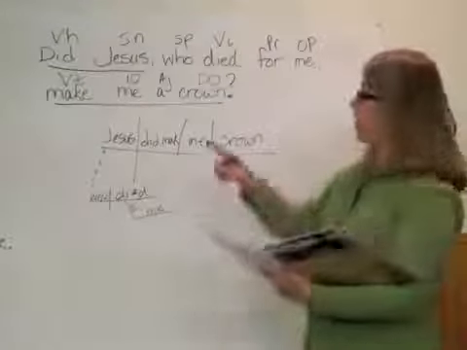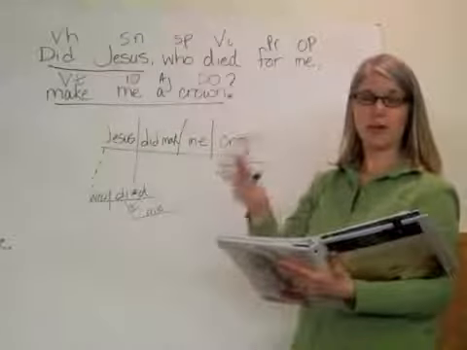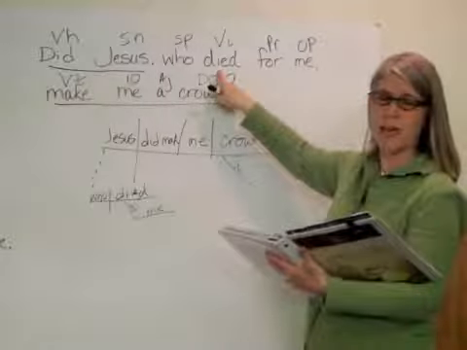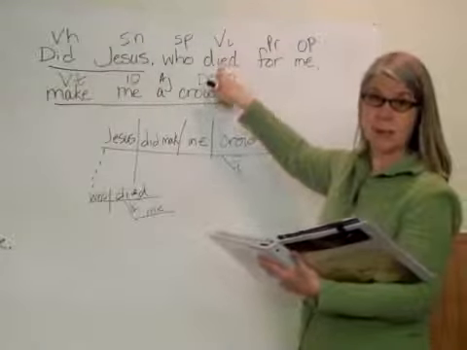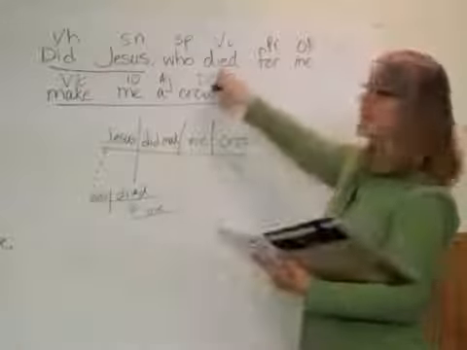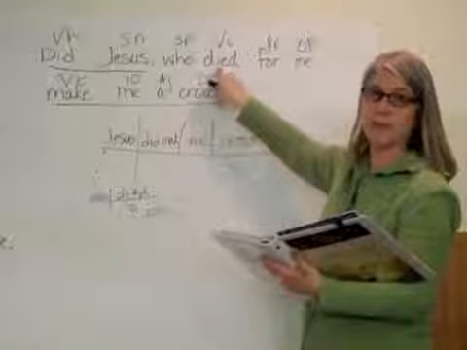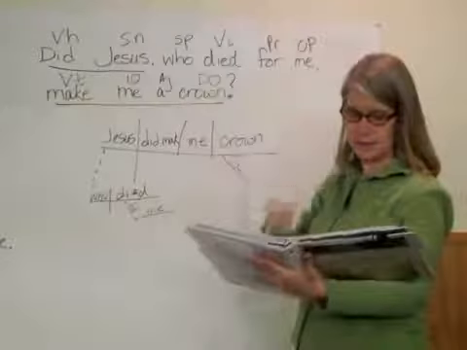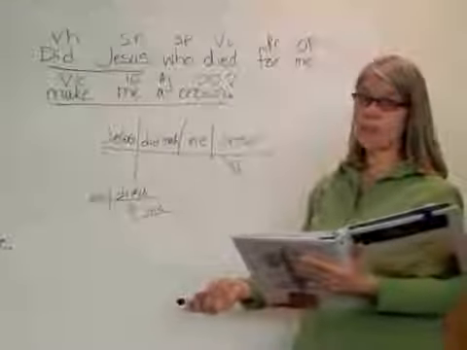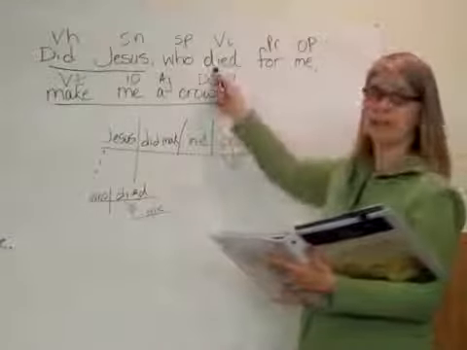Is it simple, perfect, progressive, or perfect progressive? Well, it's just "died." There's no "to have" and there's no "to be." So it's simple. It's just "who died." And is it present, past, or future? It's past, happened in the past. Is it active or passive? That's a good review of last week's lesson. Who's doing the action?